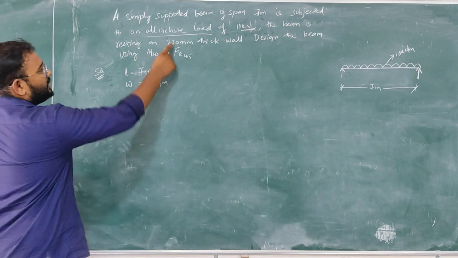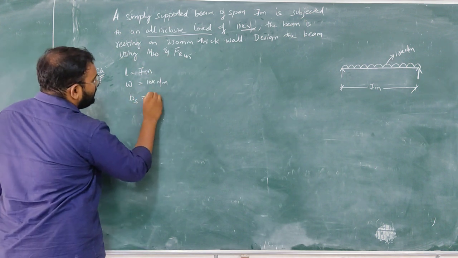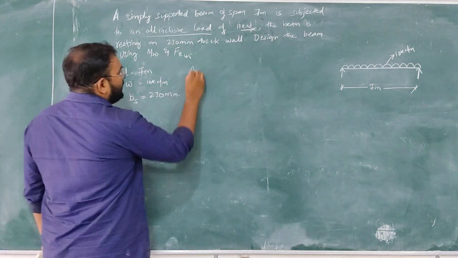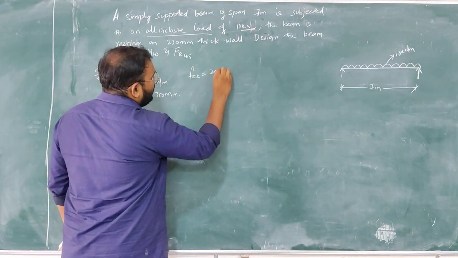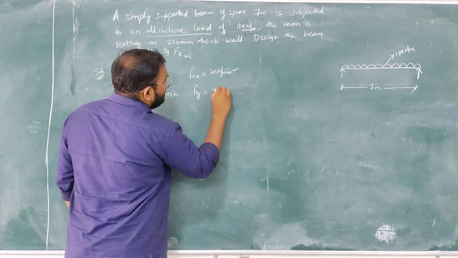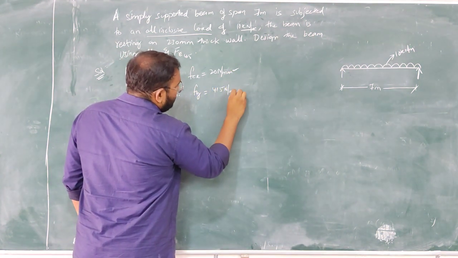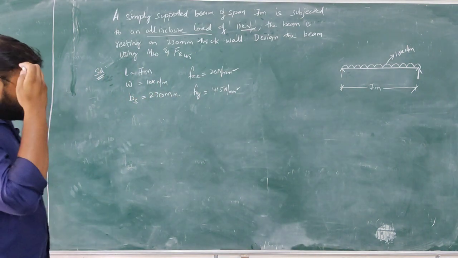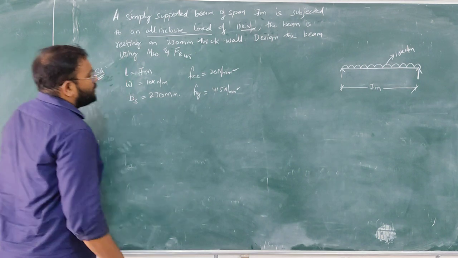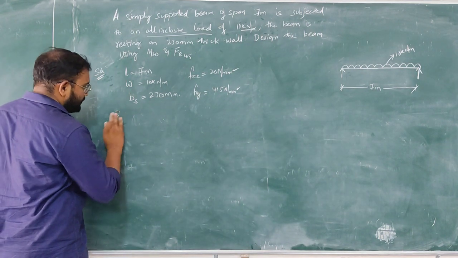Next, the thickness of support is given, which is 230 mm. Similarly, the grade of concrete fck is given as 20 Newton per millimeter square, and fy is given as 415 Newton per millimeter square. Now what is your first step?